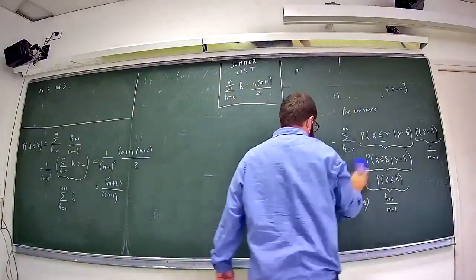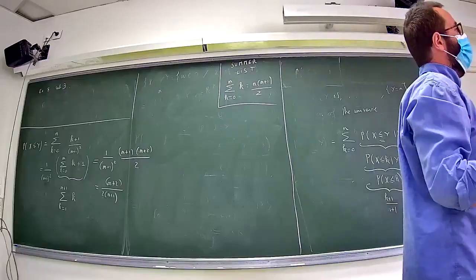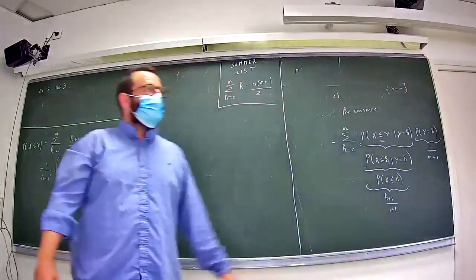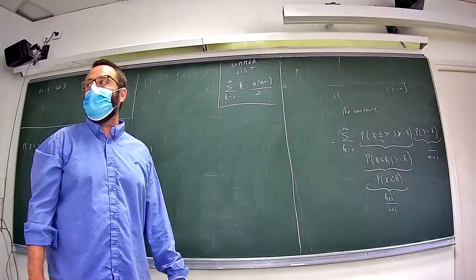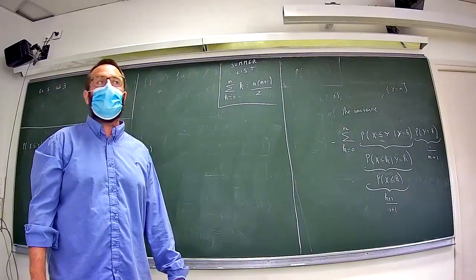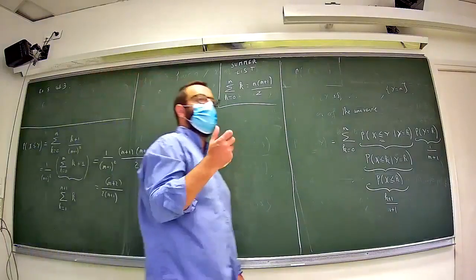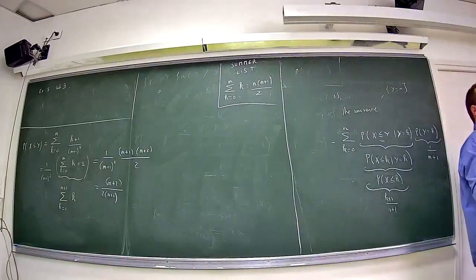So what do you have here? You are in the following situation. You have a box with capital N balls that are numbered from 1 to capital N. You choose small n balls at random, with replacement. So you choose one, you see the number you obtain, you put it back in the box, and so on.